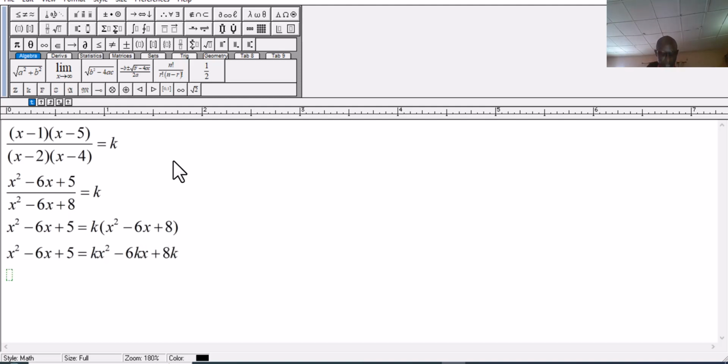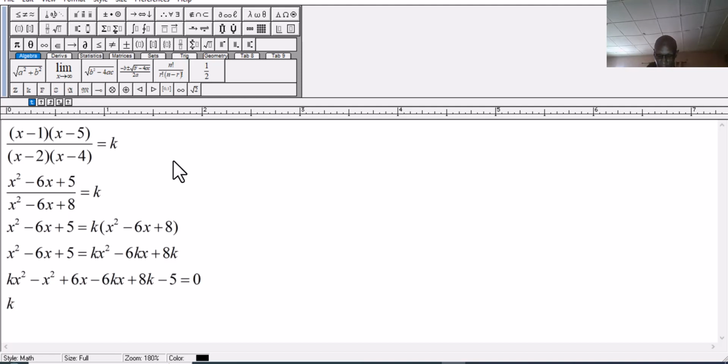So let's collect the like terms together. We have kx squared minus x squared, minus 6x, minus 6kx, plus 8k minus 5 equals 0. So let's collect the terms together and factorize.